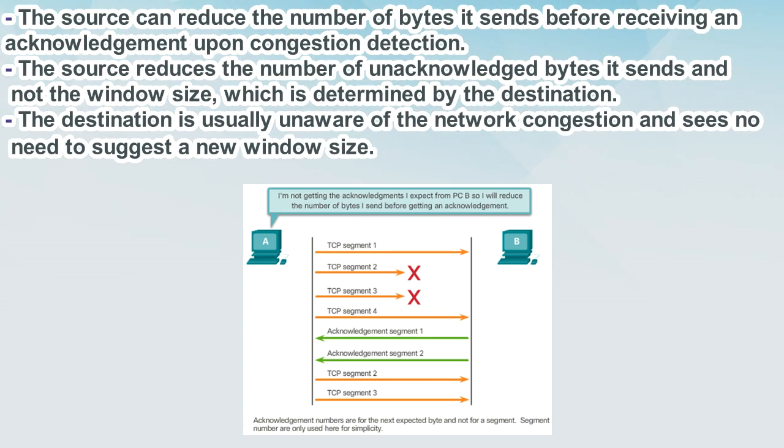The source can reduce the number of bytes it sends before receiving an acknowledgement upon congestion detection. The source reduces the number of unacknowledged bytes it sends and not the window size, which is determined by the destination. The destination is usually unaware of the network congestion and sees no need to suggest a new window size.